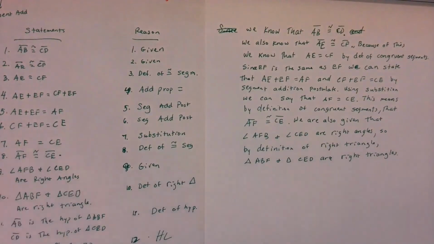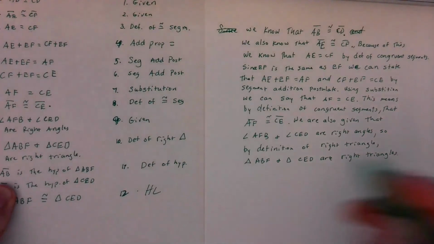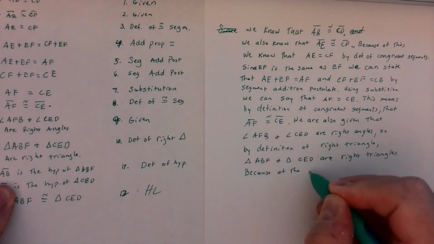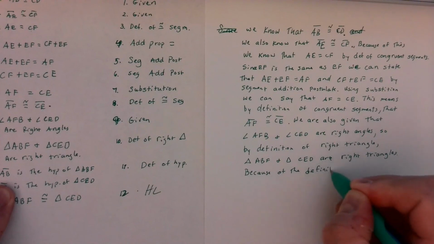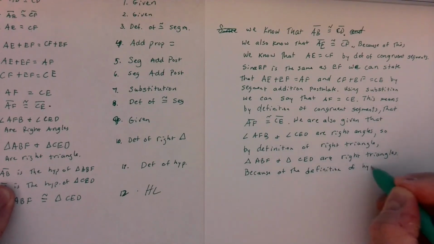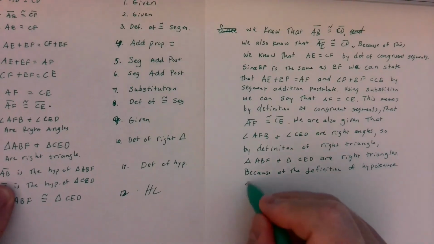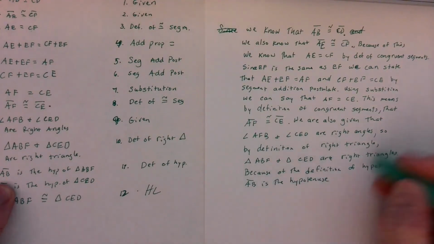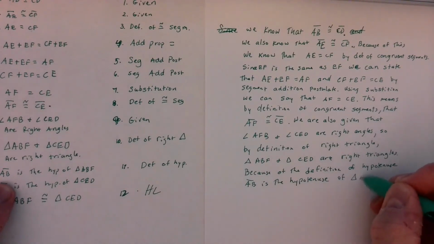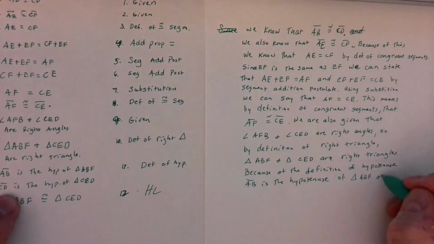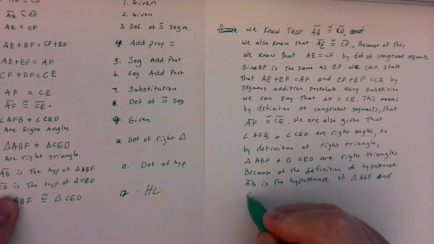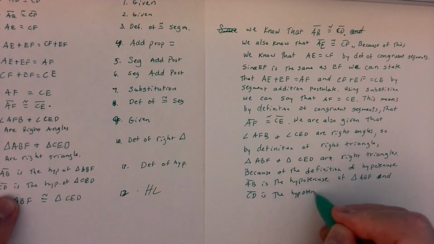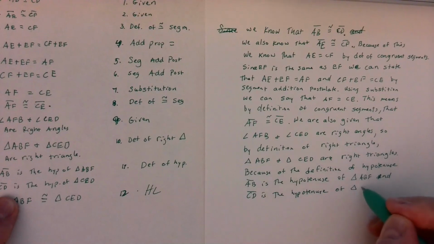And see, we're just going right down our list here. Because of the definition of right triangle, or the definition of hypotenuse, I should say, segment AB is the hypotenuse of triangle ABF, and CD is the hypotenuse of triangle CED.